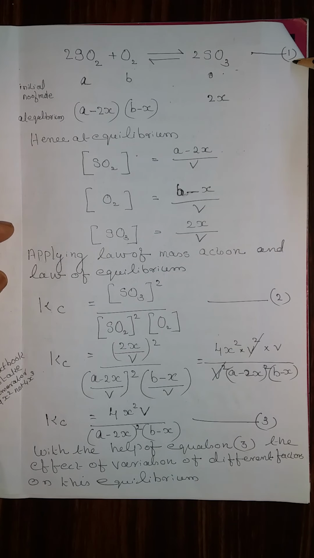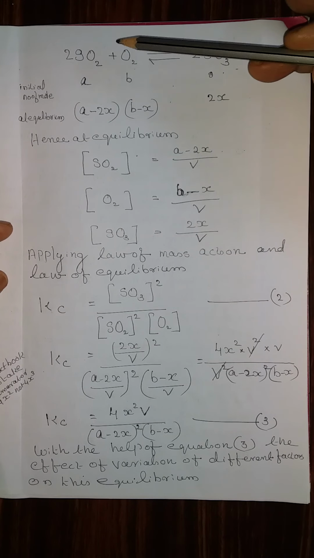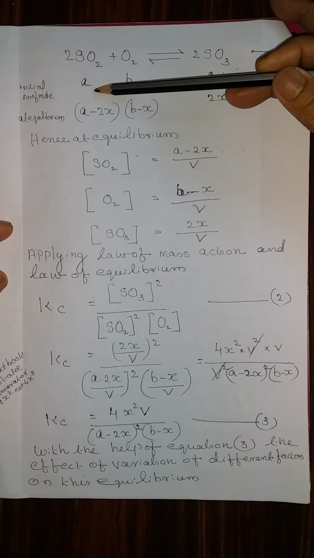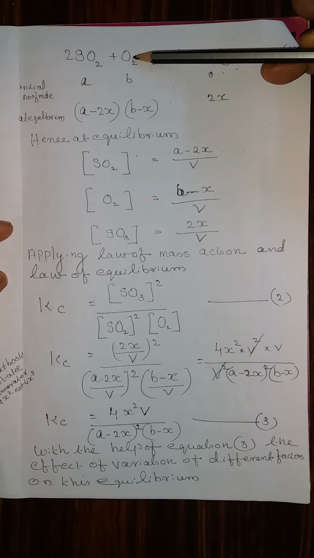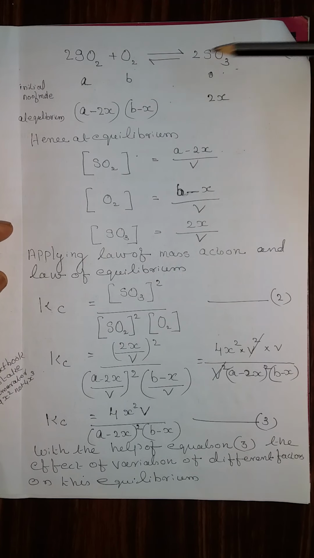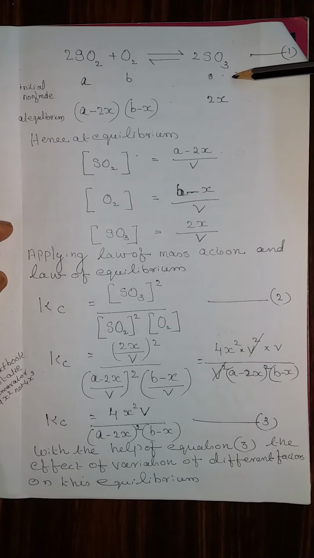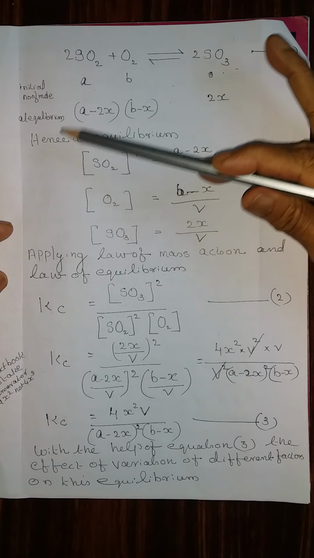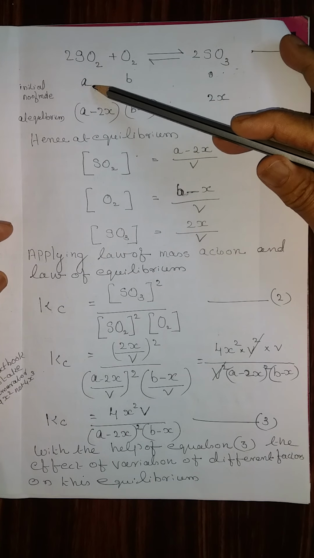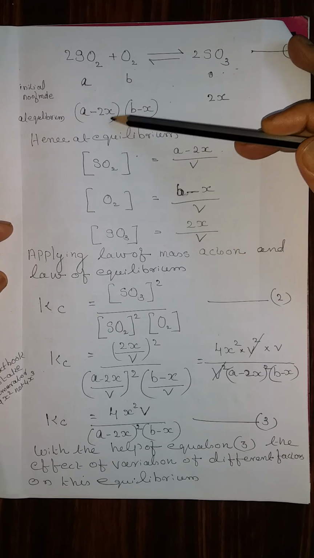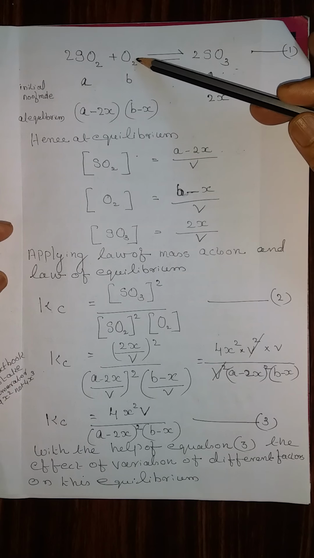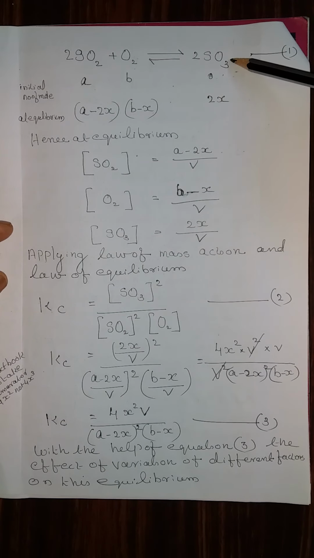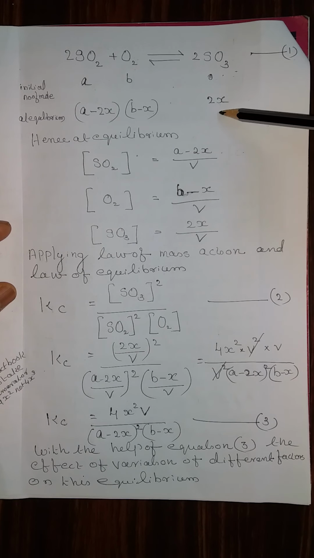Equation number 1. Now, initial number of moles of sulfur dioxide is a and oxygen is b. Initially there is no sulfur trioxide, therefore it is 0. At equilibrium, the number of moles of SO2 is a minus 2x, oxygen is b minus x, and sulfur trioxide is 2x.